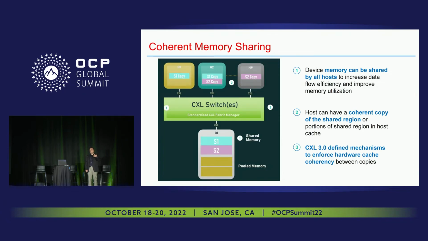So having done that, now you can have a shared memory location that all of the hosts can touch, write to, and read from. On the coherence part of it, it can be handled through software coherence, but 3.0 allows hardware managed coherence as well.